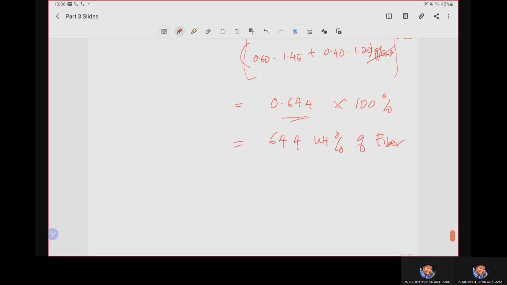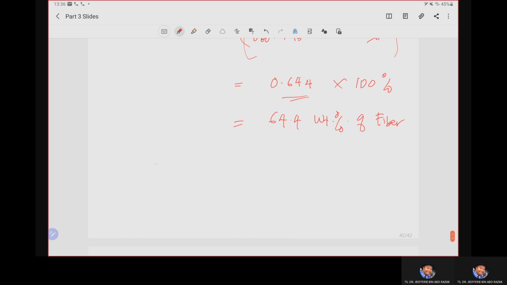To determine the weight percent of matrix, we understand that the weight fraction of fiber plus the weight fraction of matrix equals 1, unity. The same goes for weight percent: fiber plus matrix equals 100.